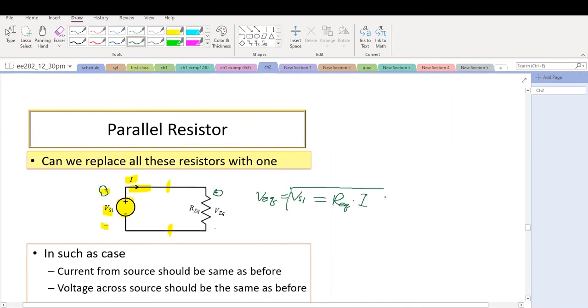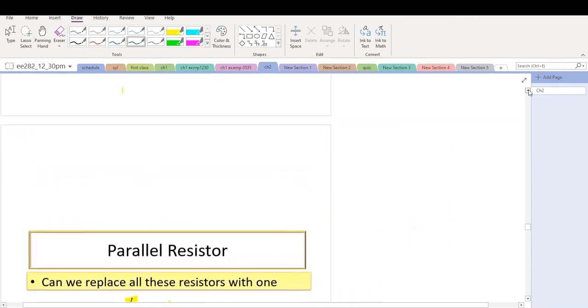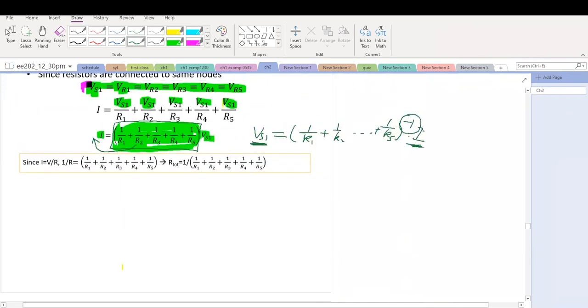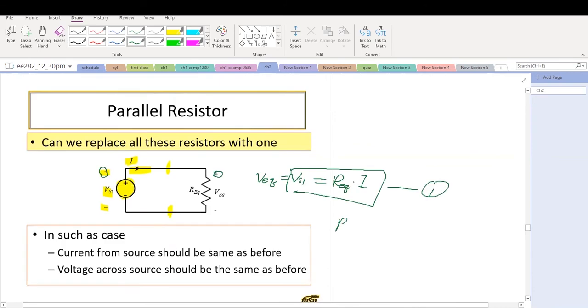Compare equation 1 and equation 2. From this we can obtain REQ equals (1/R1 + ... + 1/R5) to the power of minus 1.